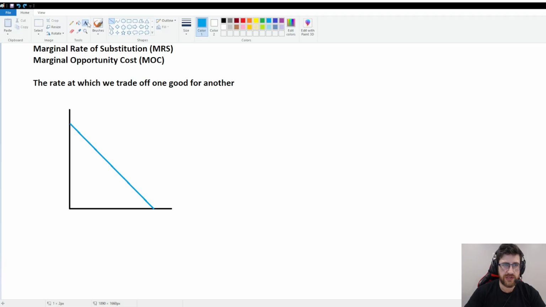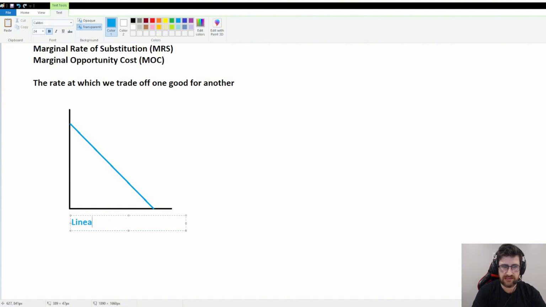And we know a couple things about graphs that look like this. The first one is that this has a linear slope, right? And one of the nice things about linear slopes is that it has a constant slope, meaning that I could calculate the slope at any point on this graph, and I would get the same number. It doesn't matter if it's up here, down here, wherever, I'm going to get the same value.